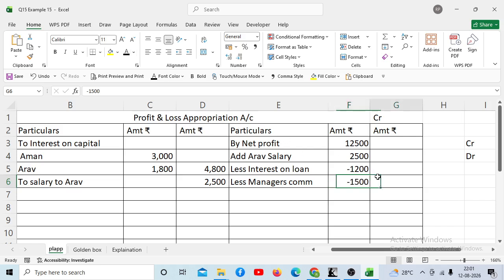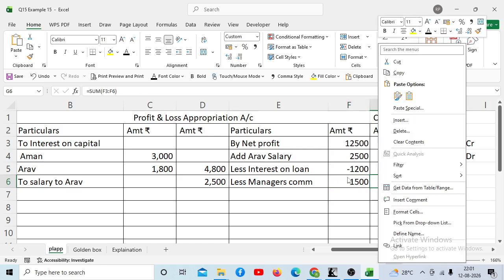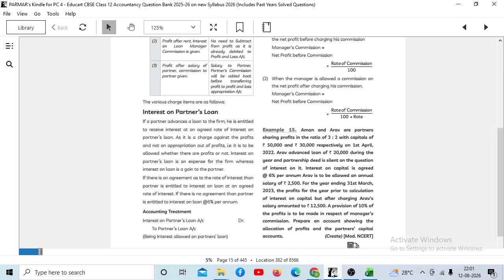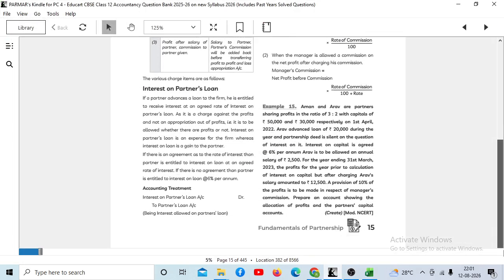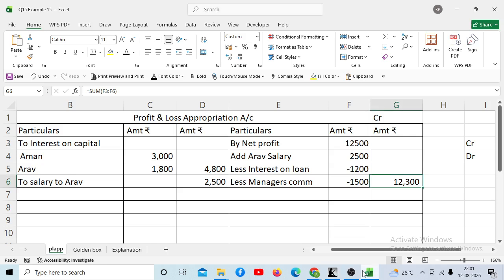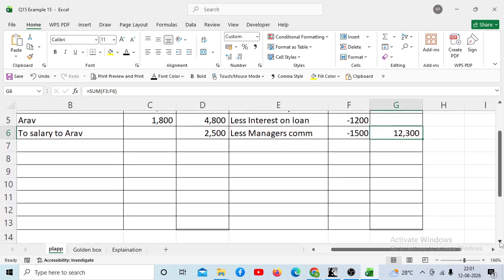1,500. Take out the final answer now. 12,300. So again the credit side total is heavier.